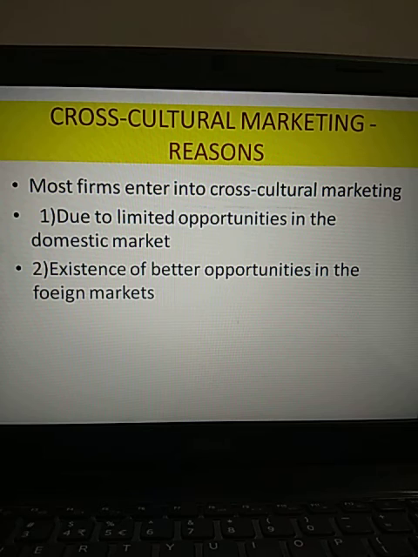Then they look toward cross-cultural marketing. Sometimes rather than satisfying domestic consumer needs, they feel more encouragement outside the domestic market, in foreign markets. They find better opportunities in foreign markets. So these are the main reasons to indulge in cross-cultural marketing.